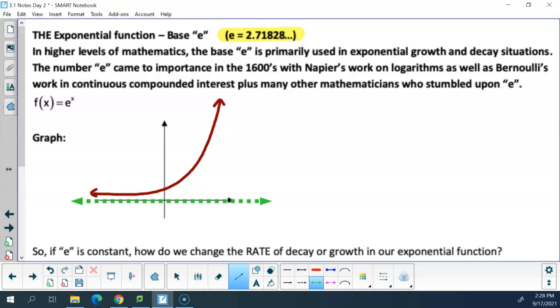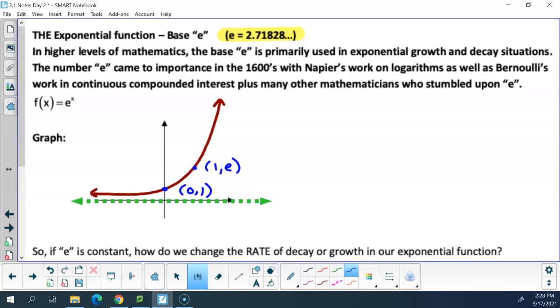Okay. What's my y-intercept? 0, 1. Yep, got 1. And then we got 1 comma e.